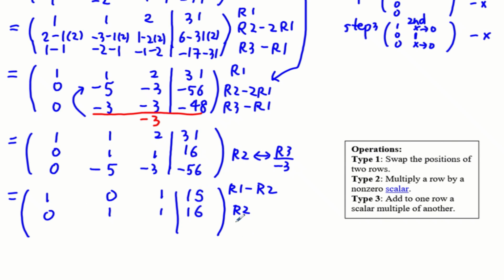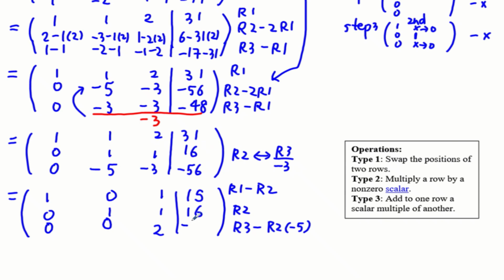Then R3 minus R2 times -5. So -5 minus -5 gives us 0. This one 0 minus 0 is 0. So this one -3 minus 1 times -5 gives us +2. Then -56 minus 16 times -5.